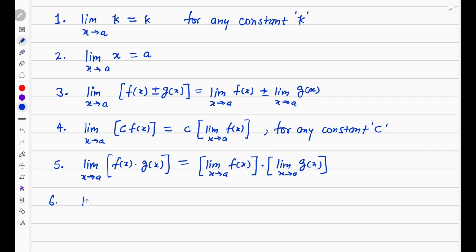Next is the limit as x approaches a. Similarly, we have this function, where one is the numerator and another is the denominator. So we can take the limit separately.